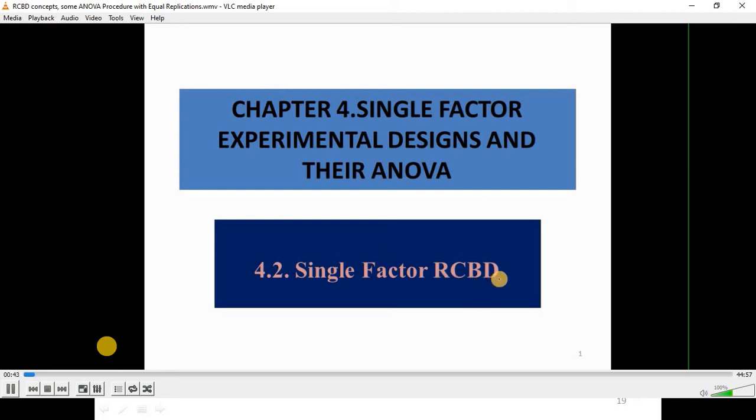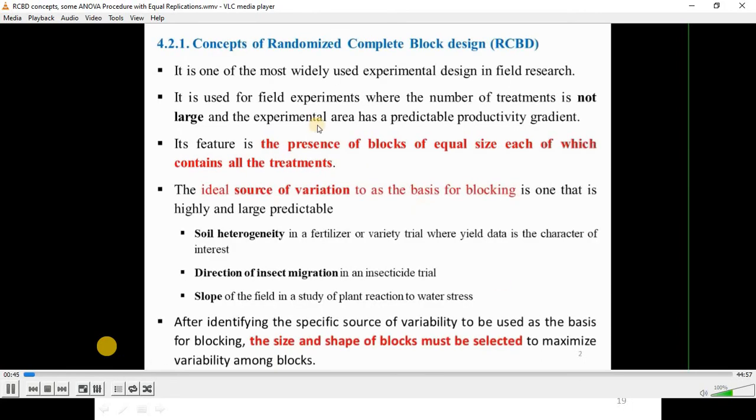This is the second design, and the concepts are also here. RCBD is one of the most widely used experimental designs in field experiments or field research, and it's used for field experiments where the number of treatments is not large and the experimental area has a predictable productivity gradient, when there is a known source of variation.